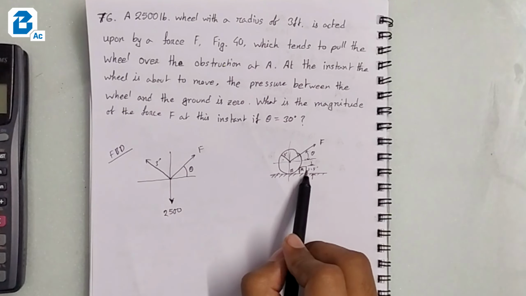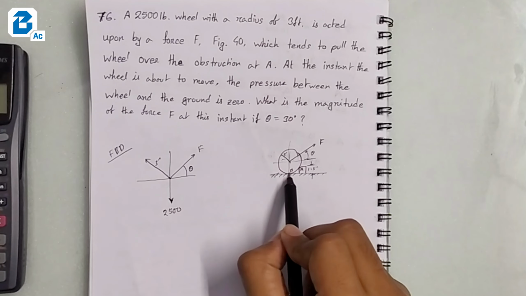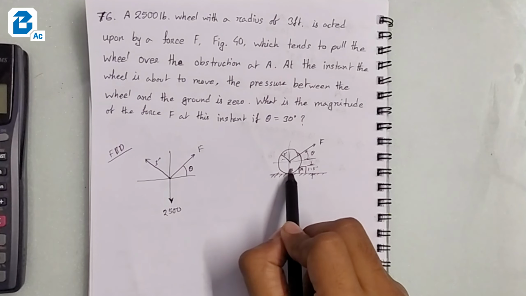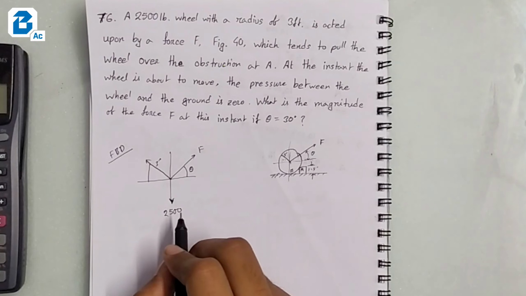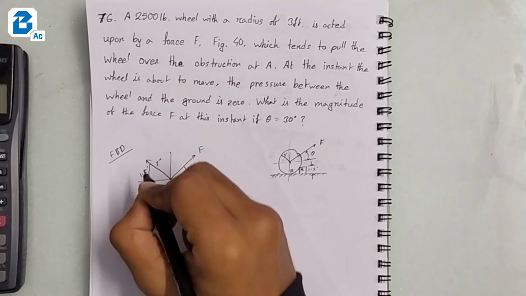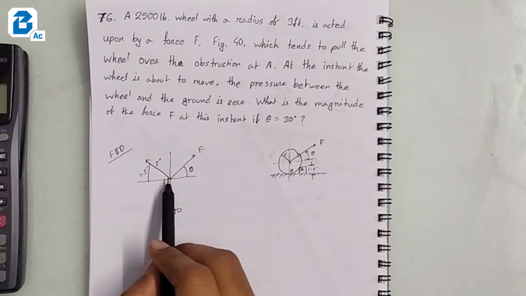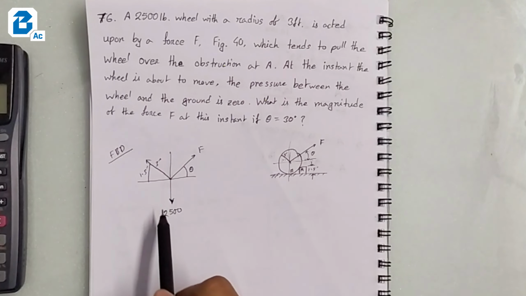So if we think of it as the radius here, which is 3 feet, and 1.5 feet is half of it, so we will get a height here of 1.5 feet. And if we use trigonometrical formula, then we can find the angle of it.